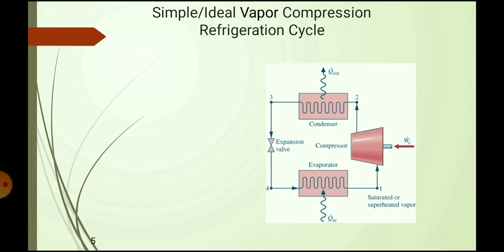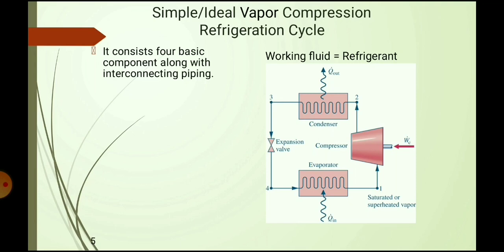Next one is the ideal VCRS, that is ideal or simple vapor compression refrigeration system. This is basically the vapor compression refrigeration system. Clear? In case of ideal VCRS, the condenser and evaporator both are ideal.